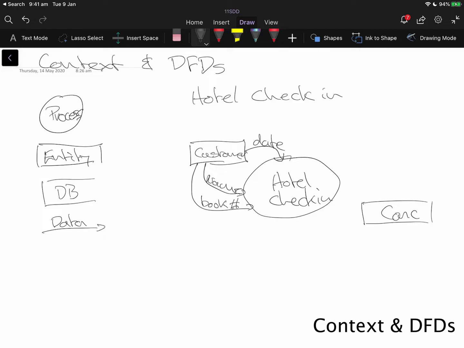The concierge, on the other hand, would be sending in a formatted query, which is the information that's been given by the user, and they'd be receiving a list of rooms that are available.